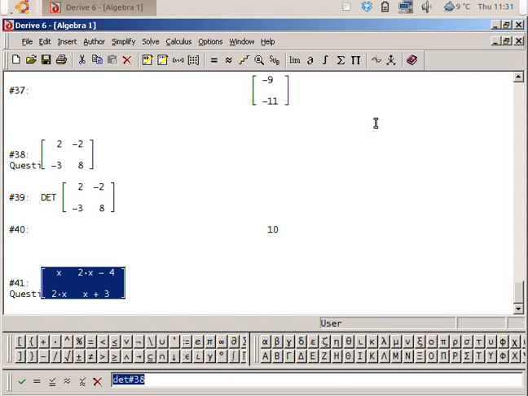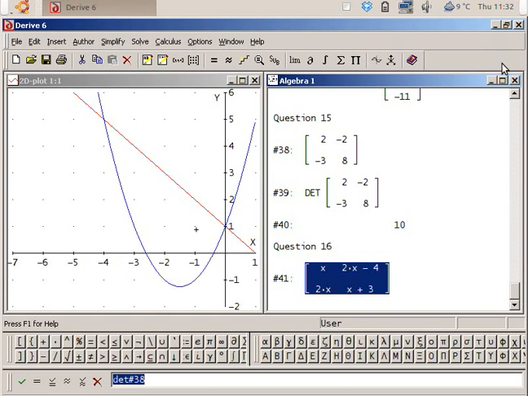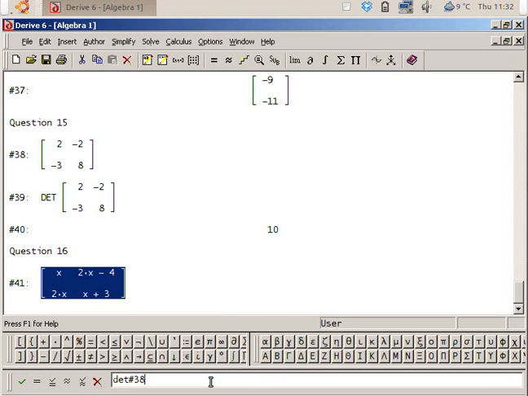Yep. Now here I say, for what values of x will this not have an inverse? When determinant is or is not 0? Oh, you see, you had a 50-50 chance. If it does not have an inverse, it is because the determinant is 0. So, what line is my matrix on? It's on line 41. So, determinant of 41 equals 0. There it is there.